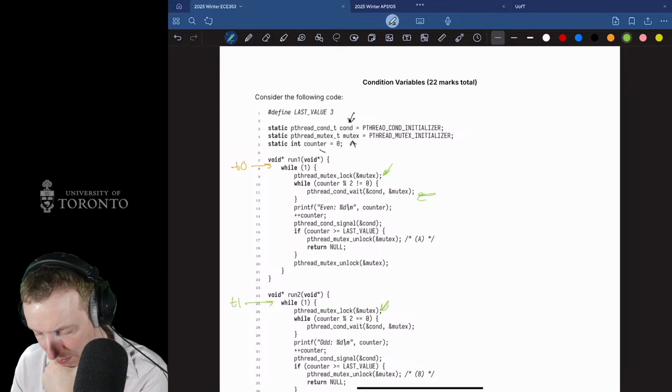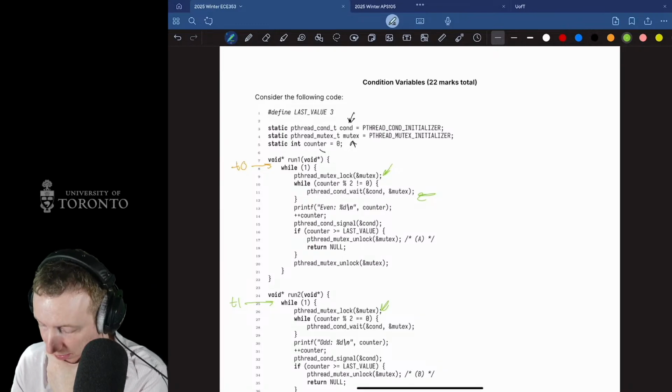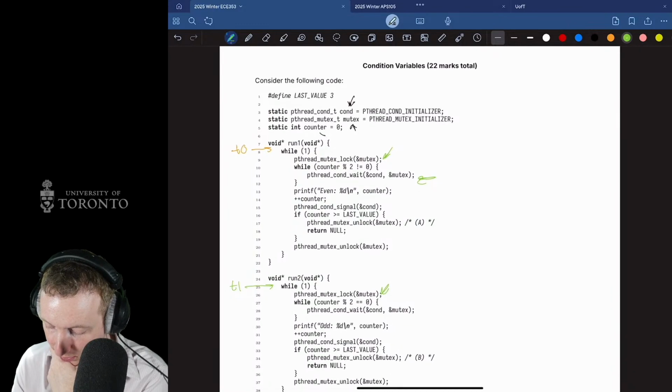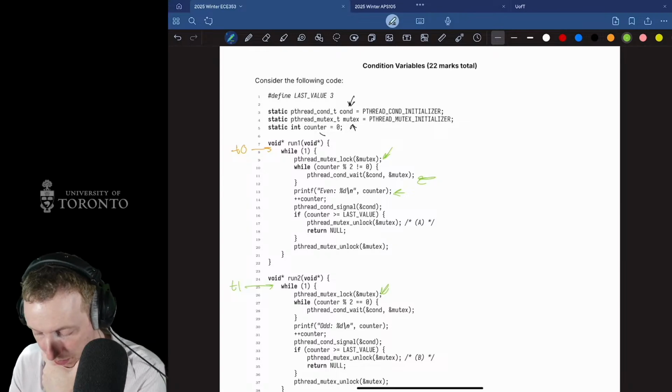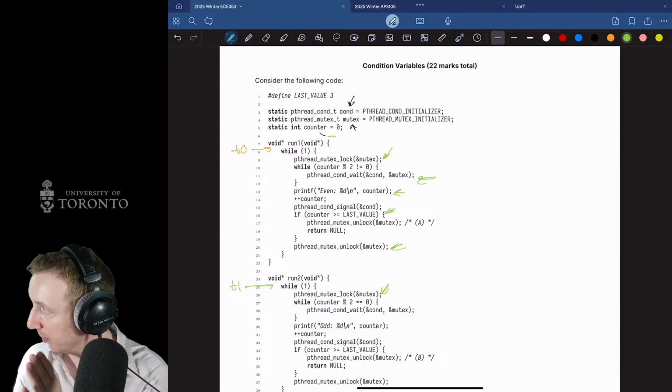So basically, the condition variable in this thread is being used to signal if it's odd or even. So here, if it's odd, it's going to wait. Otherwise, it's going to print even, increment the counter, which is a global variable here. So it's just going to increment it, and then signal that, hey, it probably just changed it from an even number to an odd number. And then if the counter is greater or equal to the last value, then it unlocks the mutex, and then it returns null, so it just ends. Otherwise, it unlocks the mutex, so it just does one thing.